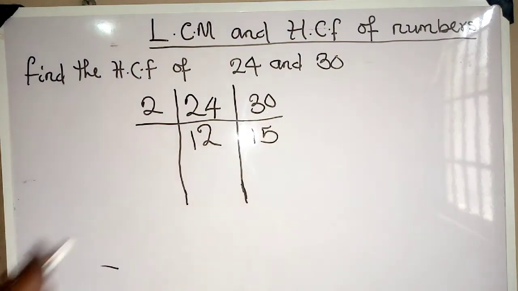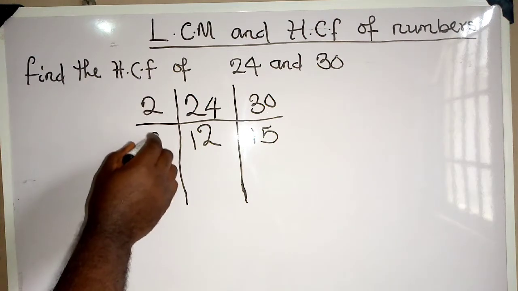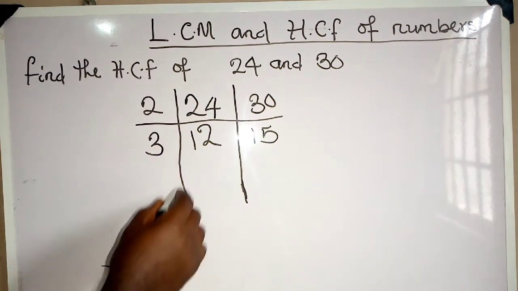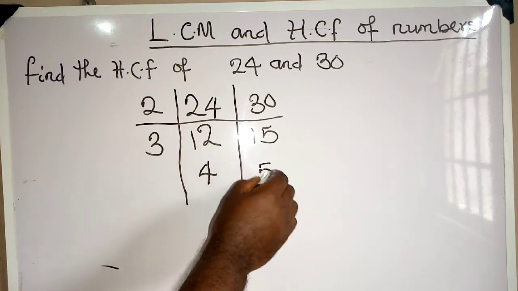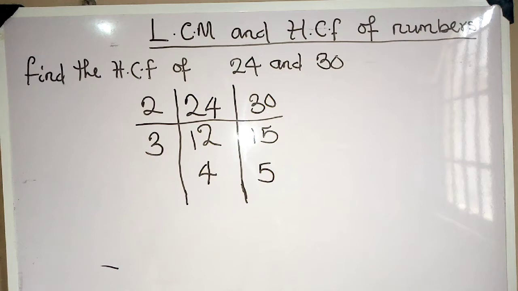I will ask myself again, is there any common factor between 12 and 15? Yes, there is a common factor, which is 3. 12 divided by 3 will give me 4, and 15 divided by 3 will give me 5. I'll ask myself again, is there any common factor between 4 and 5? No, there is no other common factor.